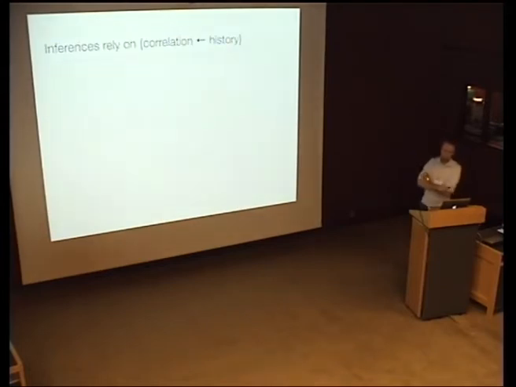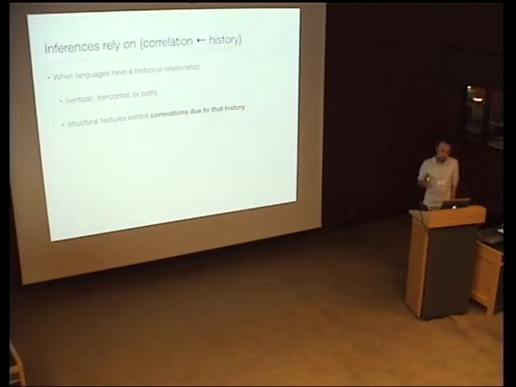So the problems I'll talk about arise when we wish to use linguistic data for new statistical purposes. So let me just review the uses to which the data is put. When languages have a historical relationship, whether vertical, horizontal, or both, their structural features will exhibit certain correlations which are due to that history.